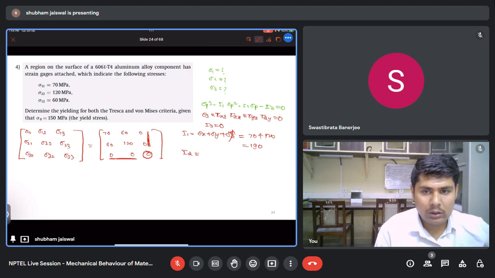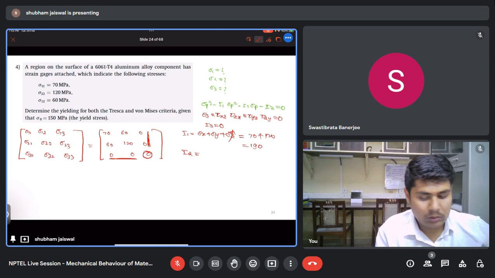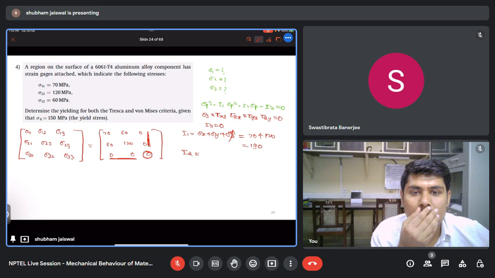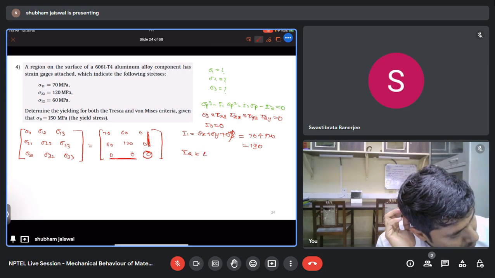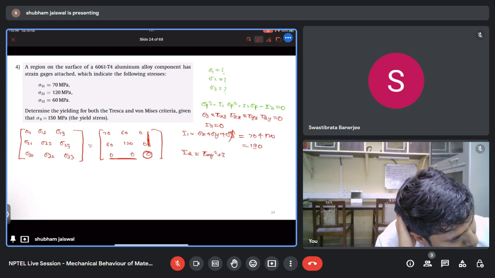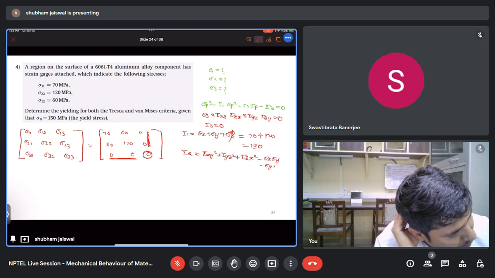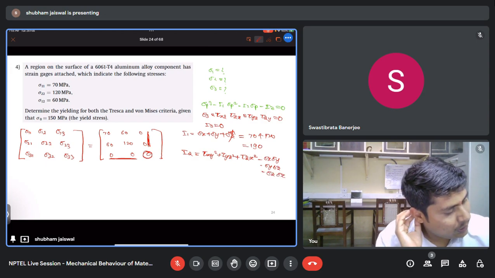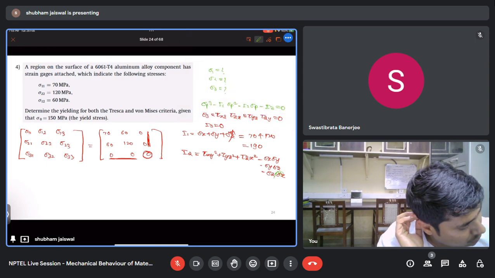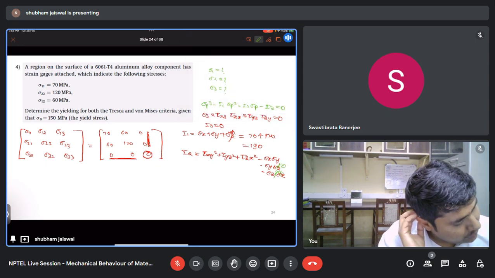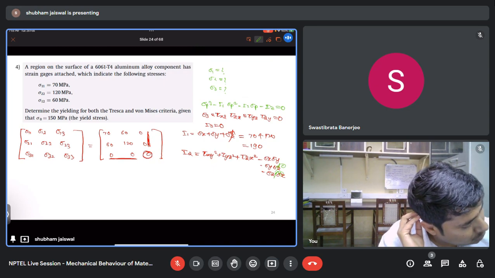I2. How much is I2? Tau xy square plus tau yz square plus tau zx square minus sigma x sigma y minus sigma y sigma z minus sigma z sigma x. Here this term is 0, this term is 0. Tau zx is 0, this term is 0.